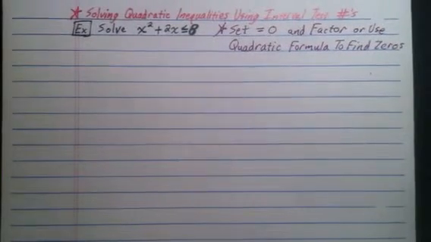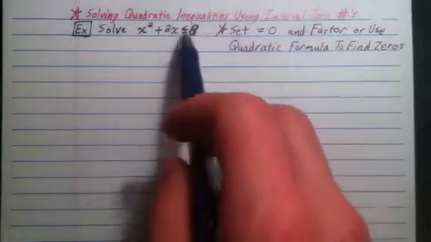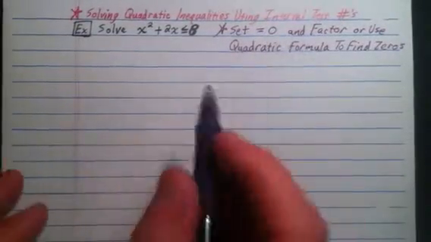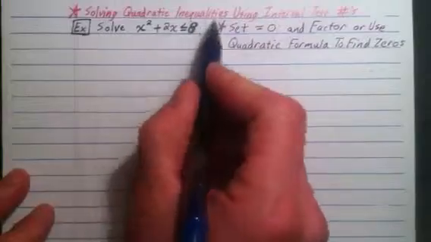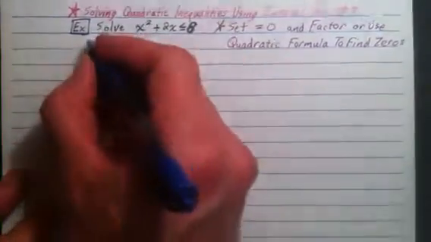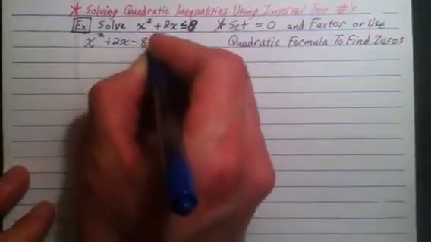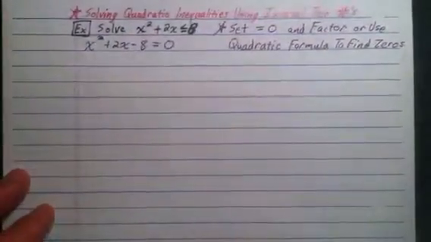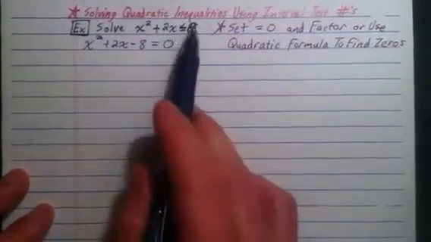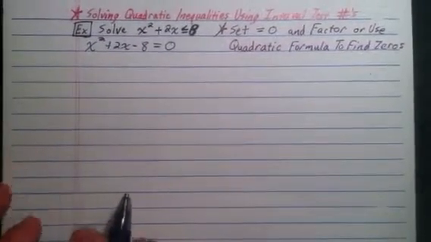Alright, so in order to solve this, let's turn it into an equation. Just change that to an equal sign for now, just to find our two zeros. And we want to move the 8 over to the left side, so it's going to become a -8. So x squared plus 2x minus 8 equals 0. If it's a +8 here, it becomes a -8 when we move it to the left.